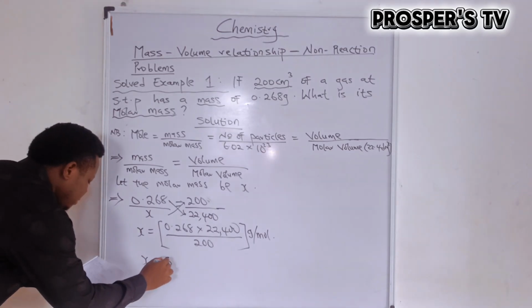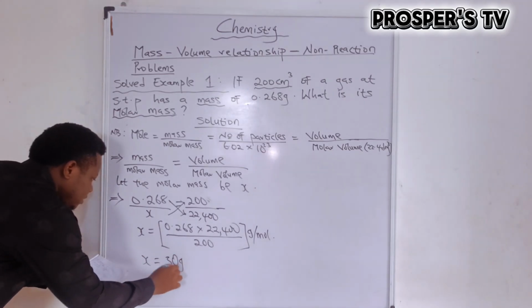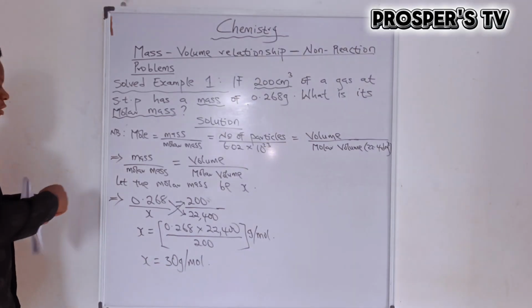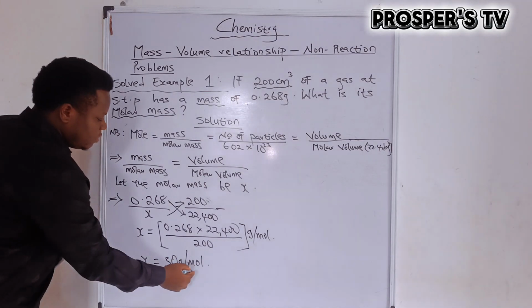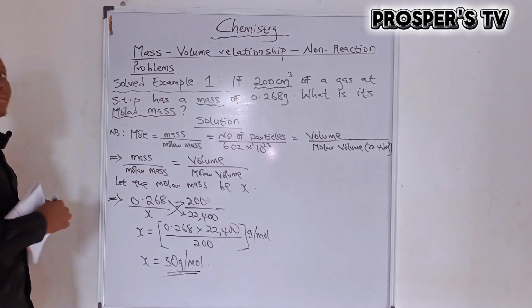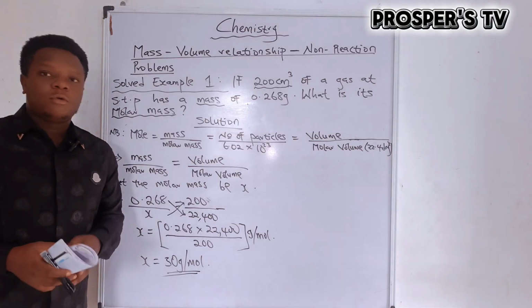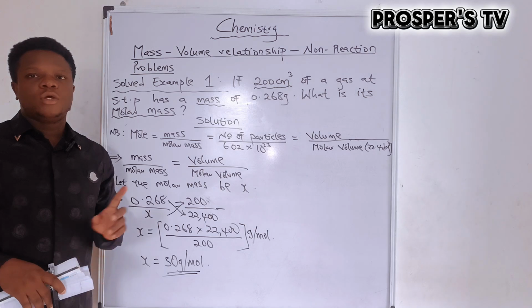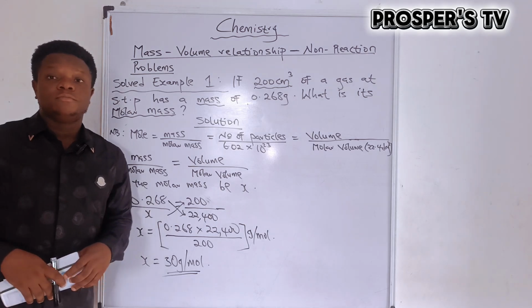Please confirm that for me. 30 gram per mole. That becomes your final answer for this particular problem. If you have a question on this, ensure to put it in the comment section. We go to example 2 now quickly.